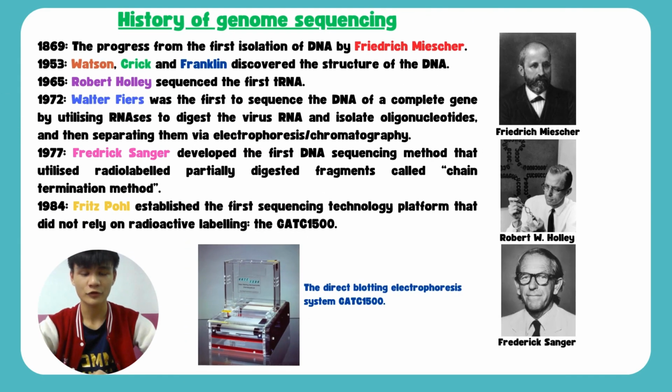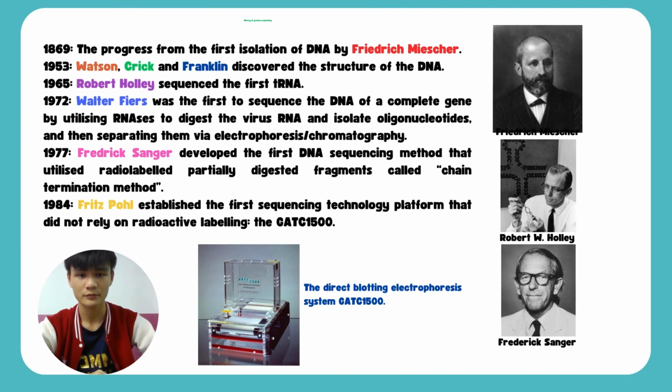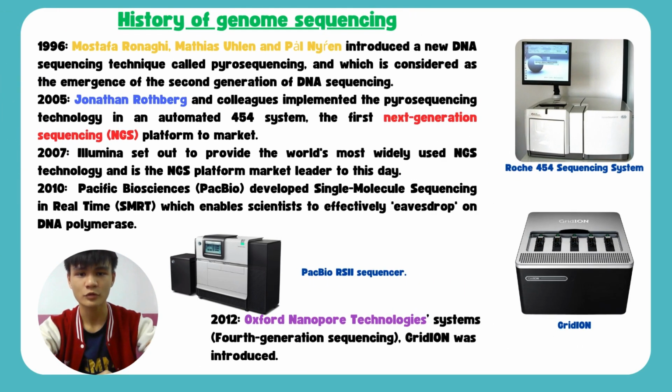And I will now introduce some important events in the history of genome sequencing. The first important event was in 1977, when Frederick Sanger developed the first DNA sequencing method, called the chain termination method. The next important event was in 2005, when Jonathan Rothberg and his colleagues successfully developed the first next generation or second generation sequencing method, the 454 system. But nowadays, the main player of second generation sequencing is Illumina.